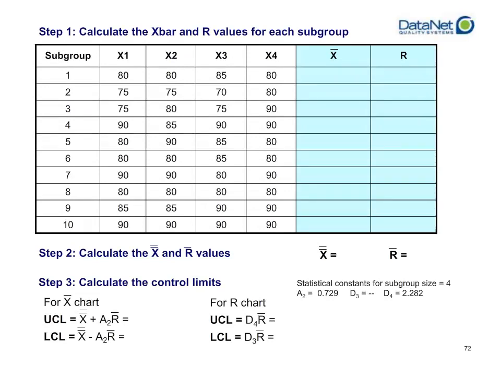Just as we did in the example, step 1 is to calculate your Xbar value for each subgroup, calculate your R value for each subgroup, and make sure to write them down. Step 2 is going to be to calculate your grand average or your X double bar value, calculate your R bar or average of your R values, write those down.